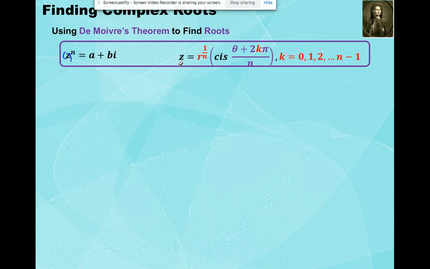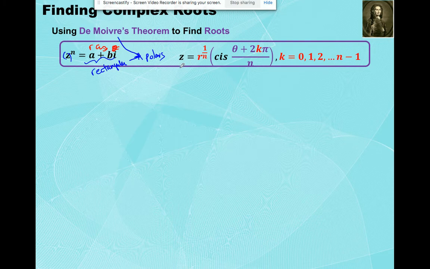To get z by itself, you need to take this rectangular into, to use de Moivre, into polars. And then you take it into polars, and then this becomes r cis theta. Rectangular to polars, r cis theta.